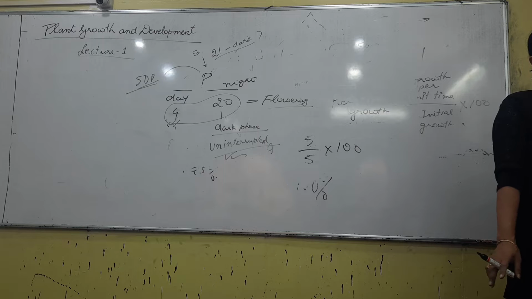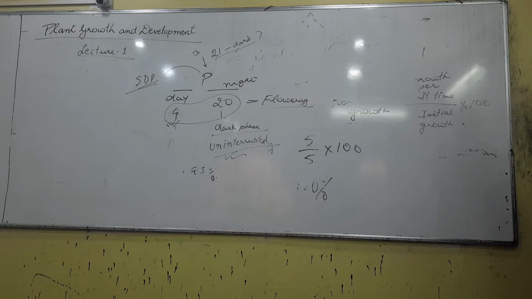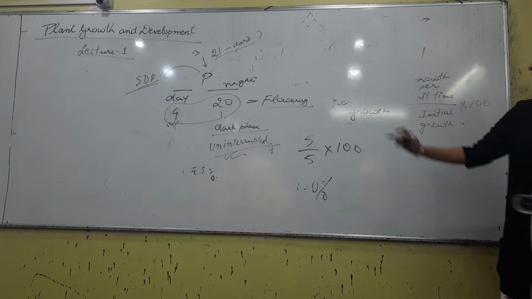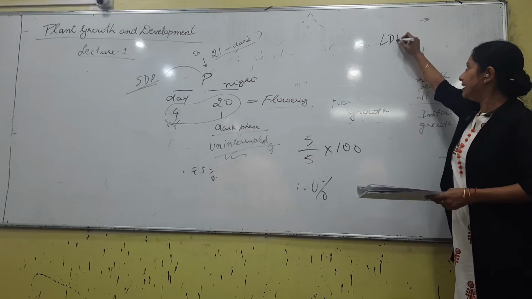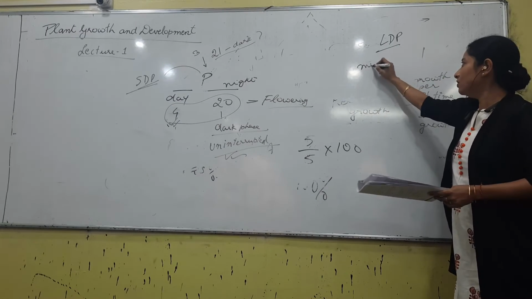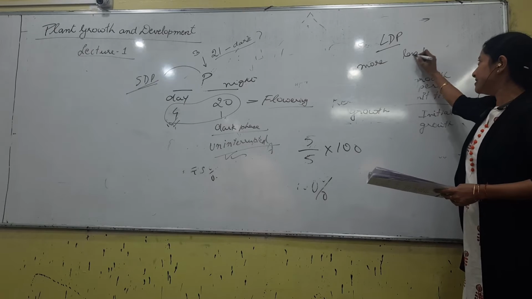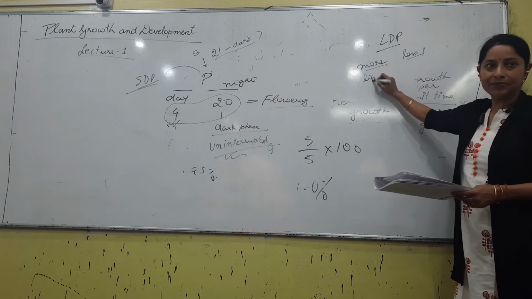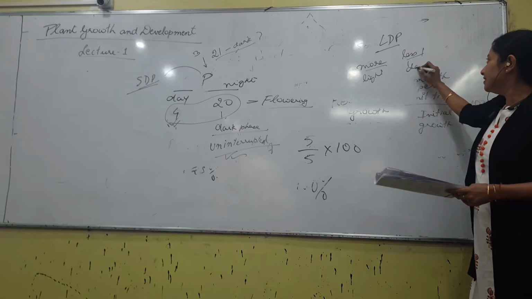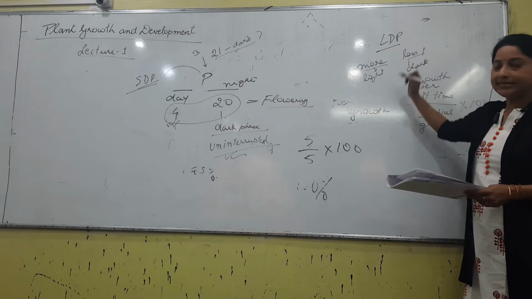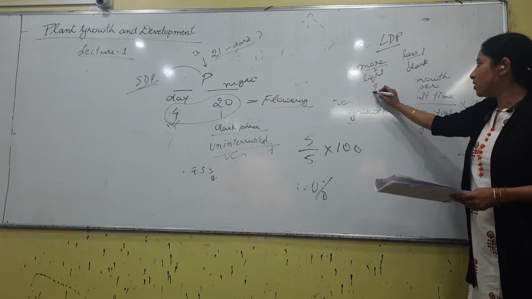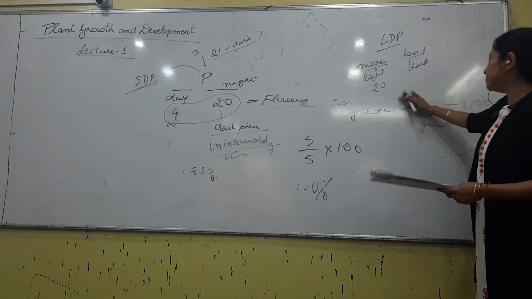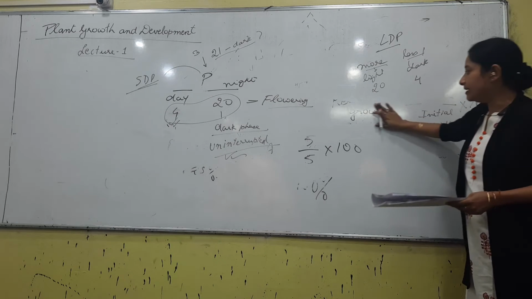Means what? If you are talking about LDB, they need more light, less dark, right? Suppose it has 20 hours, again we come to the same example, 4 hours, right?